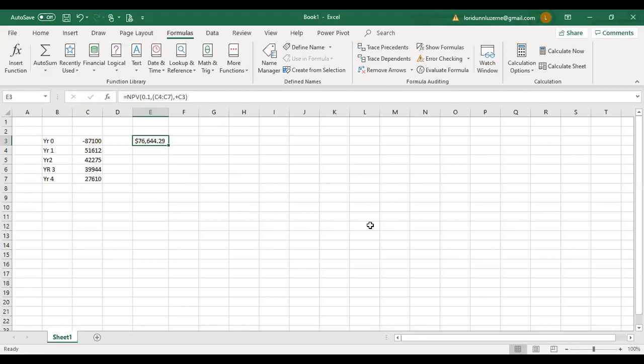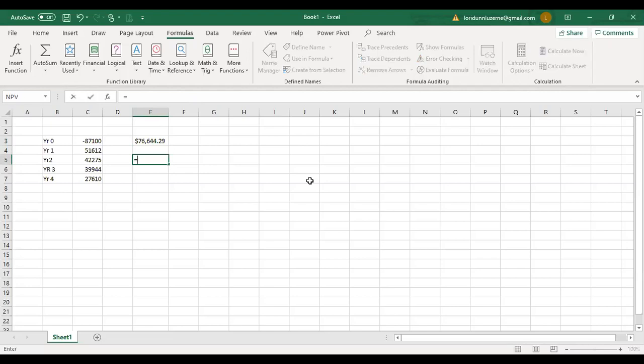I always get tripped up on those dang commas. Then you want to do your cash flow series, so at the end of year 1 through whatever amount of time. I have those in parentheses so they know that's the range, comma, and then I put a plus year 0, C3. Close up your parentheses or else you'll get an error. But that's how we get that net present value.